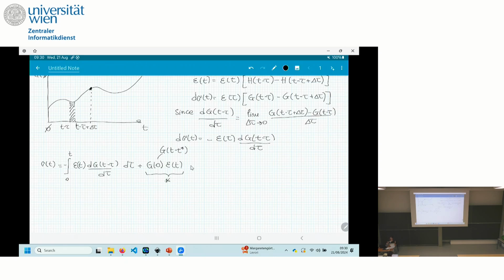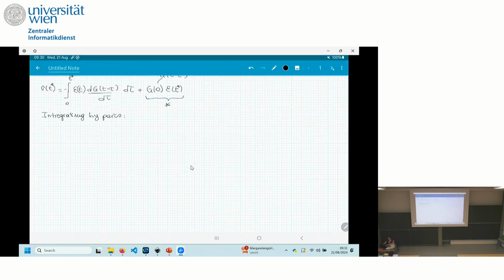Then if we do some integration by parts, what you obtain is that sigma at time t is given by the integral between 0 and t of the relaxation function of t minus tau times the derivative of the strain with respect to tau, d tau.